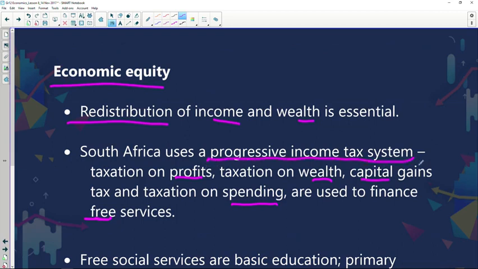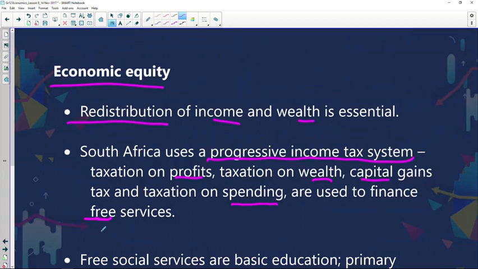So what does it mean? It means that wealthy people are charged more when it comes to taxation. They pay a higher bracket or margin, because they have more money. The more money you have, the more tax you pay.